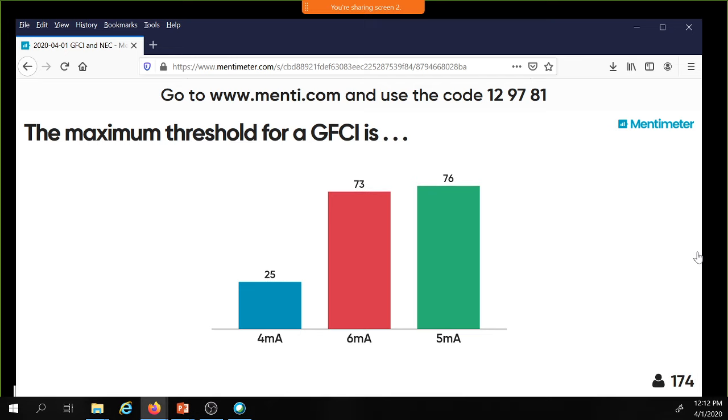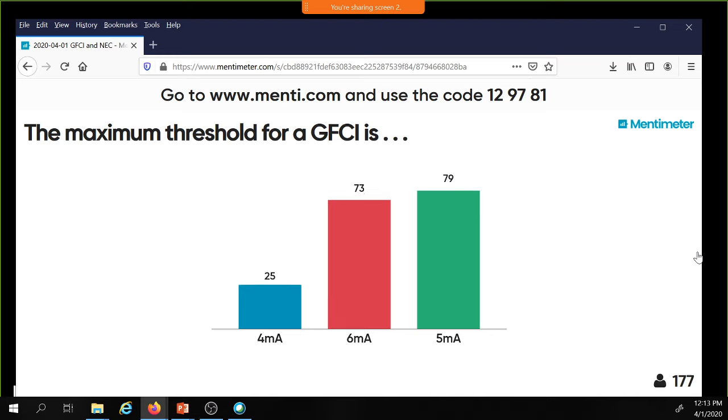One of the other questions I didn't ask, but should have, is this: if I'm on a GFCI circuit, a lot of people erroneously think that if I come in contact with a conductor on a 120 volt circuit, I'll only see 4 to 6 milliamps flowing through my body, and that is not correct.